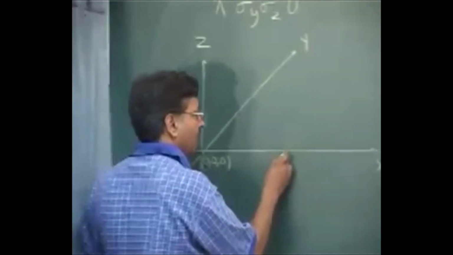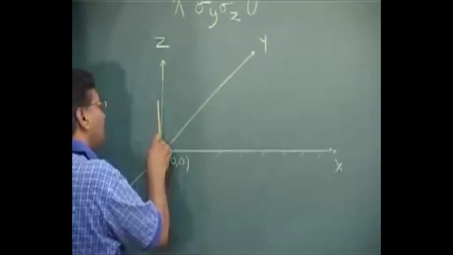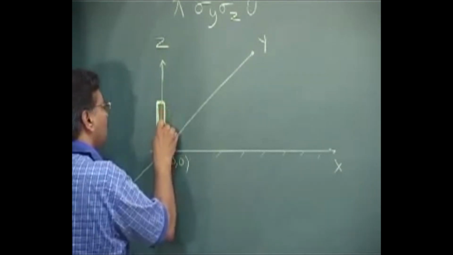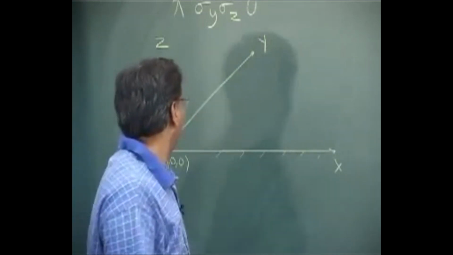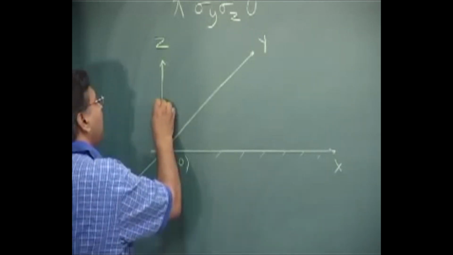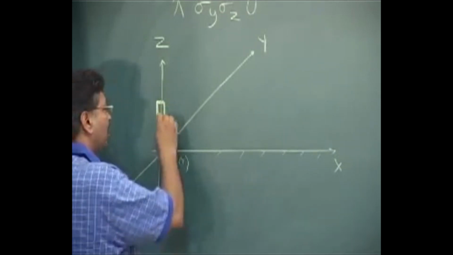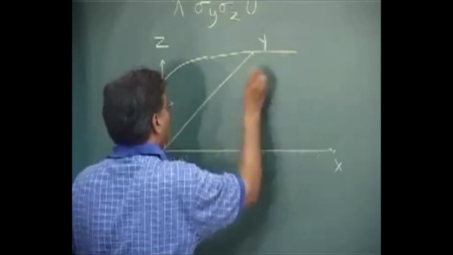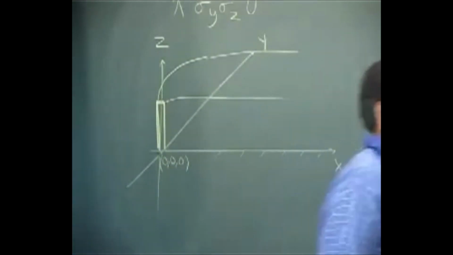So if this is my ground level, my source, which is a chimney, is a little elevated. When the emission takes place, if you look at the plume in general, it might look something like this.